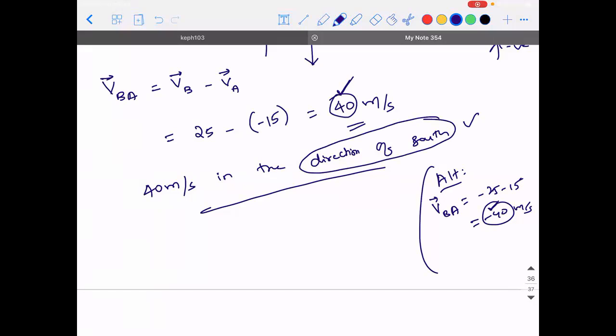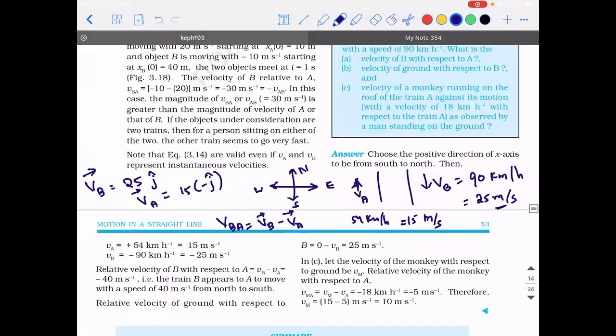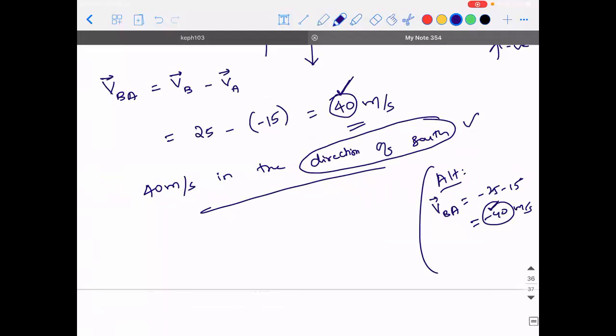Am I clear with this? So having this clarity in mind, now tell me what is the answer for the next one. Velocity of the ground with respect to B. So 25 meter per second in the direction of south.